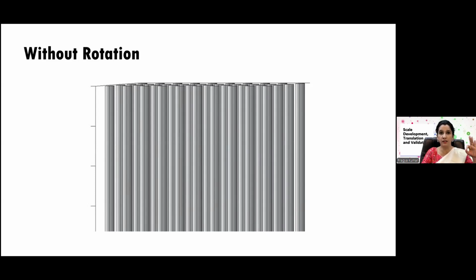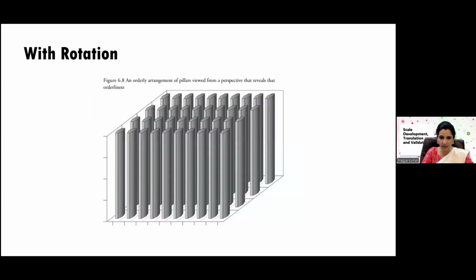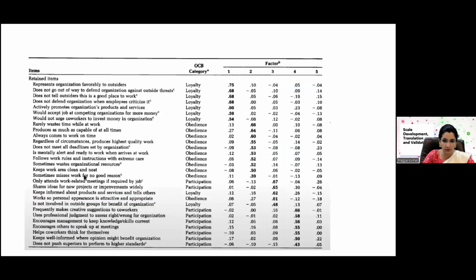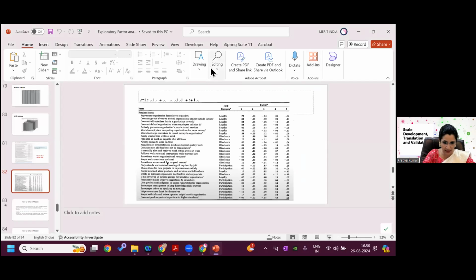Extraction, number of factors, how many factors you will have, and rotation gives you a clear-cut loading of the factors. So this was the Toronto empathy questionnaire. Now I will show you in Jamovi and JASP how to do that. And then we'll see the reporting. Reporting, how to write the result, that we might see tomorrow, as there is not that much time left.